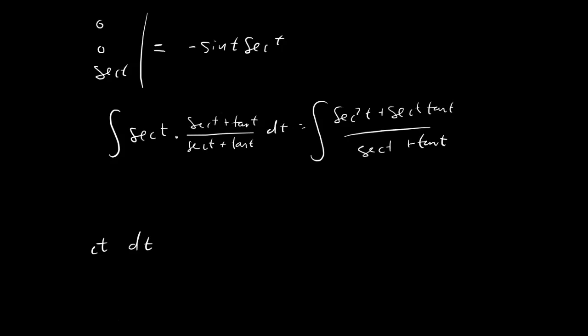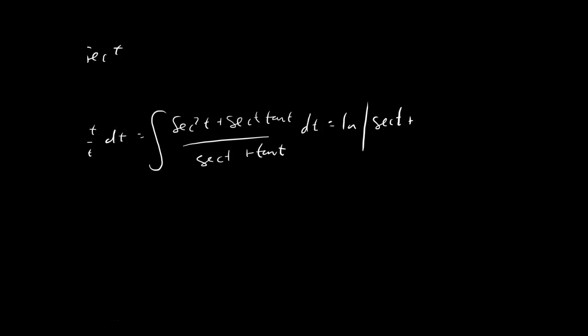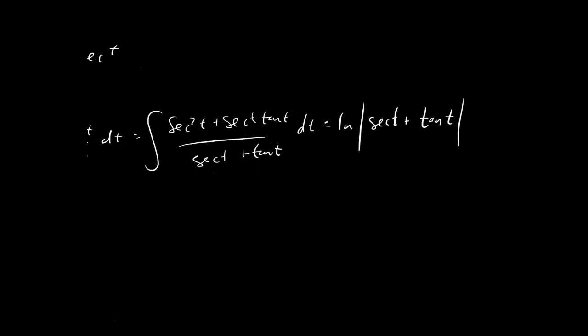So if my u was secant plus tangent, then du would be secant squared plus secant tangent all times dt. And so you can do u substitution, and this turns into a natural log, so you end up with the natural log which is down below. So that's how you might get there. I don't know what's easier, to remember the solution, or remember that there's an interesting thing to multiply by. So there's your V1.